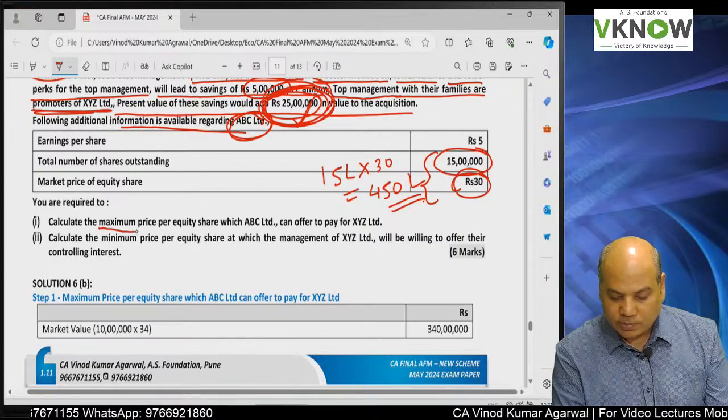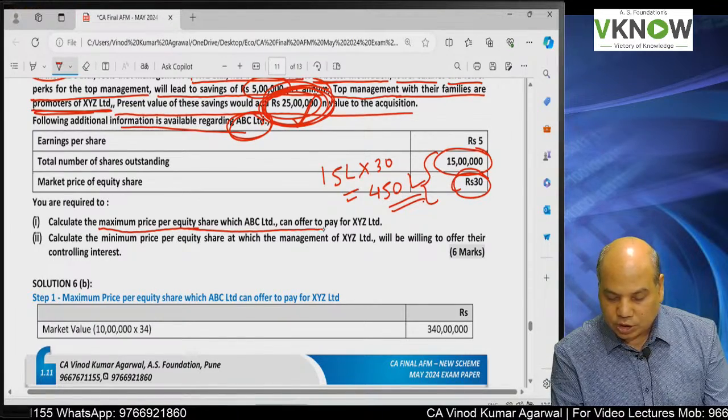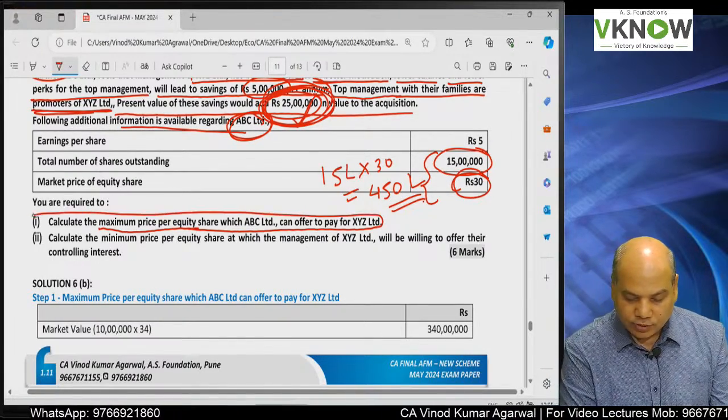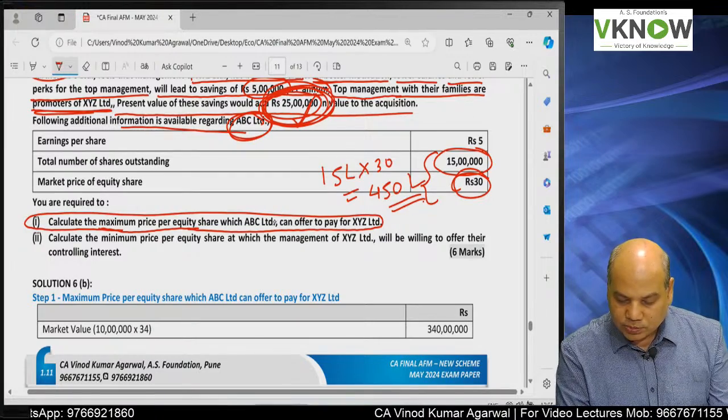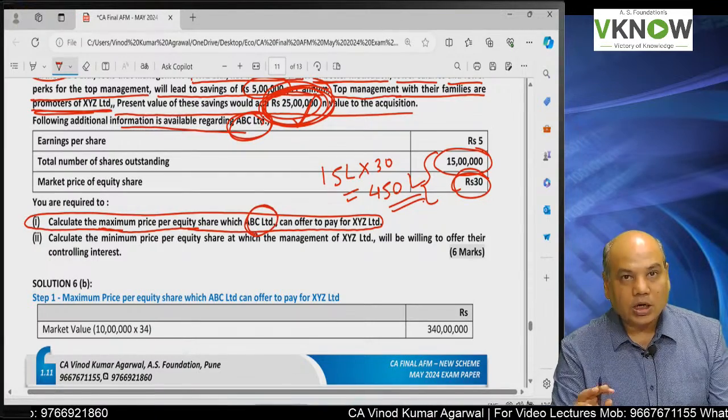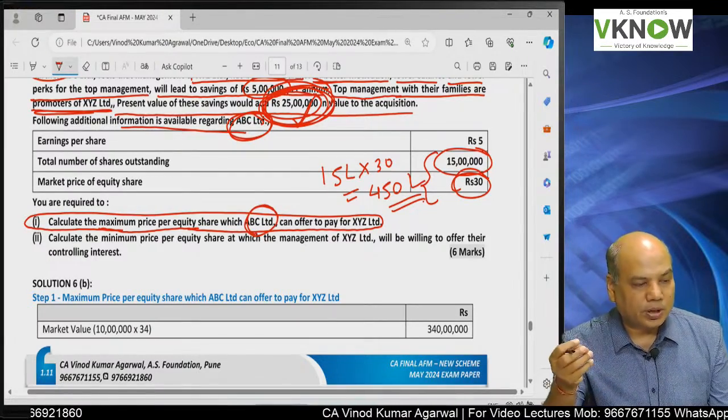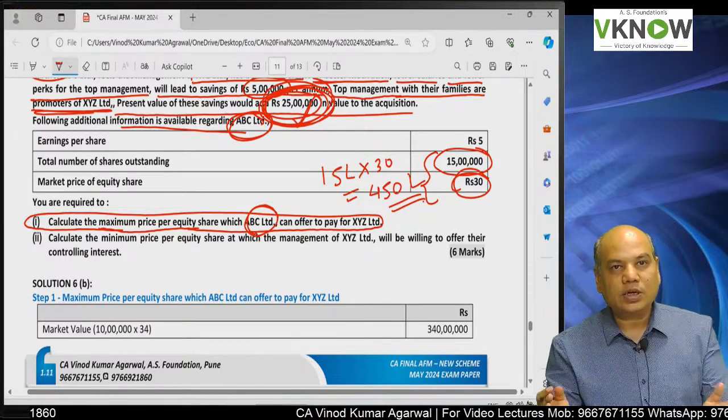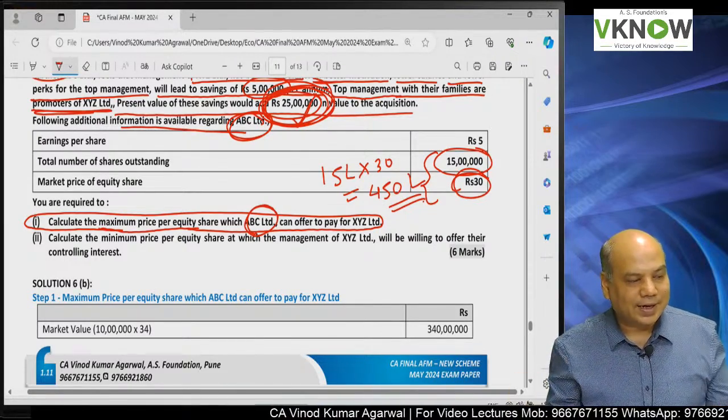Calculate the maximum price per share ABC can offer to pay for XYZ. Suppose you are ABC, how much maximum can you pay per share? You will say, I will pay what I will get.